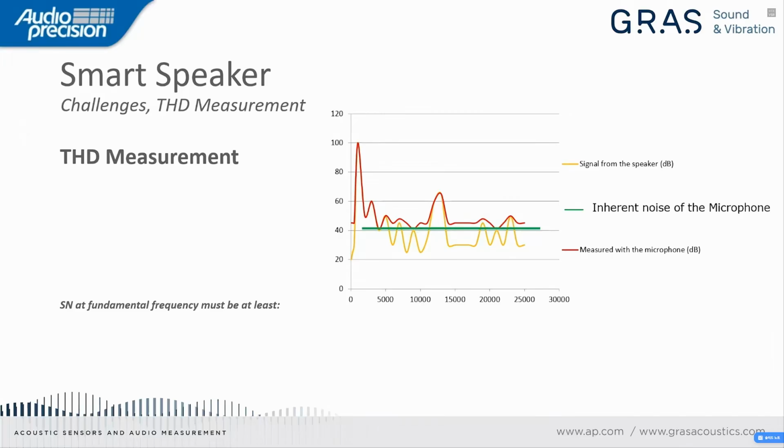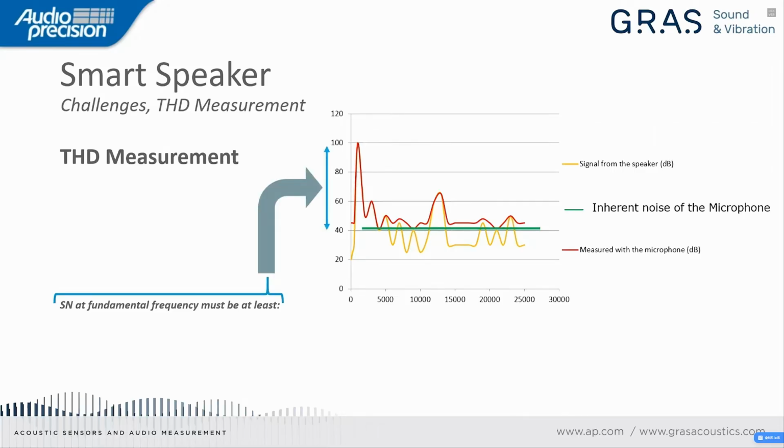Therefore the total harmonic distortion will in this case be too high. It will not be correct, because we will measure the distortion of the microphone we are using for the test and not the distortion of the speaker or item we are going to test.